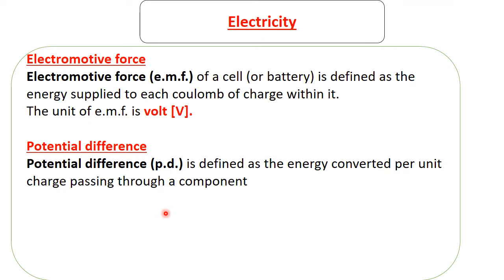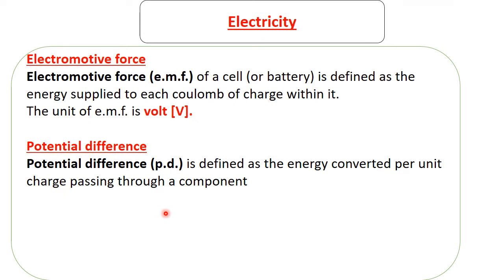As the current passes through the wires, when it reaches the bulb, some energy is converted from electricity to, for example, light energy. So some energy is lost as current passes through that bulb. That energy that is lost is what we define as the potential difference.